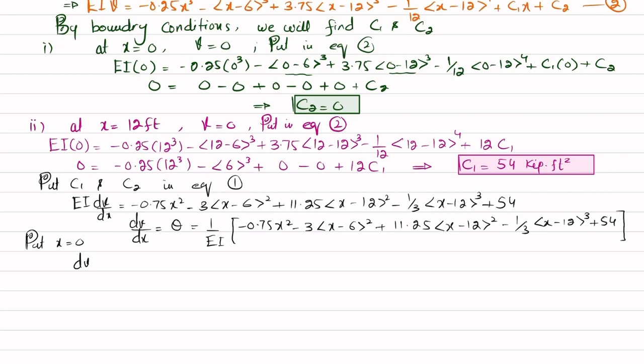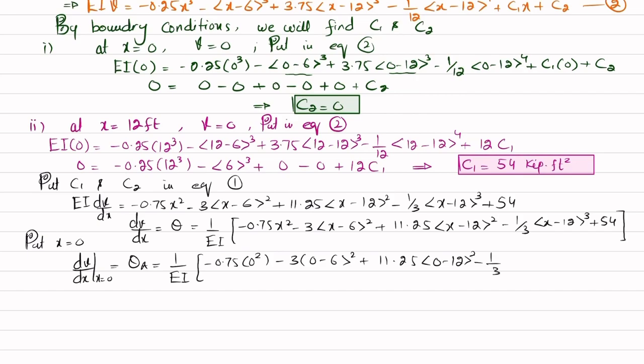This dV over dx at x equal to 0 will be equal to the slope at point A, and 1 over EI into minus 0.75 into 0 square minus 3 into 0 minus 6 whole square plus 11.25 into 0 minus 12 whole square minus 1 over 3 into 0 minus 12 whole cube plus 54.